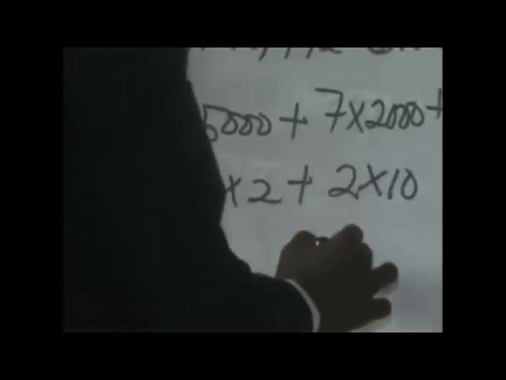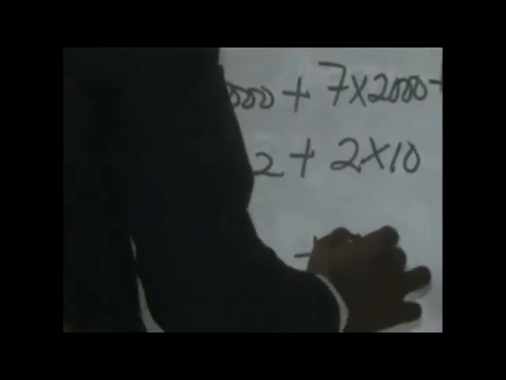Plus this times this will give me 14,000. Alright? This times this will give me another 20,000. This and this will give me 6,300. Alright? This times this will give me what? 2,000.